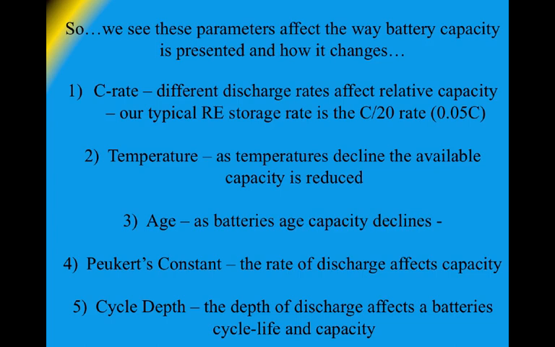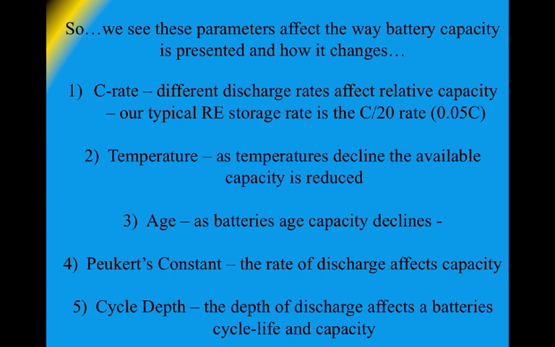And our typical renewable energy storage rate is the C divided by 20, also known as the C20 rate. Temperature is going to affect our capacity as we operate the batteries, and lower temperatures are going to reduce our capacity. As batteries age, their capacity declines as well.